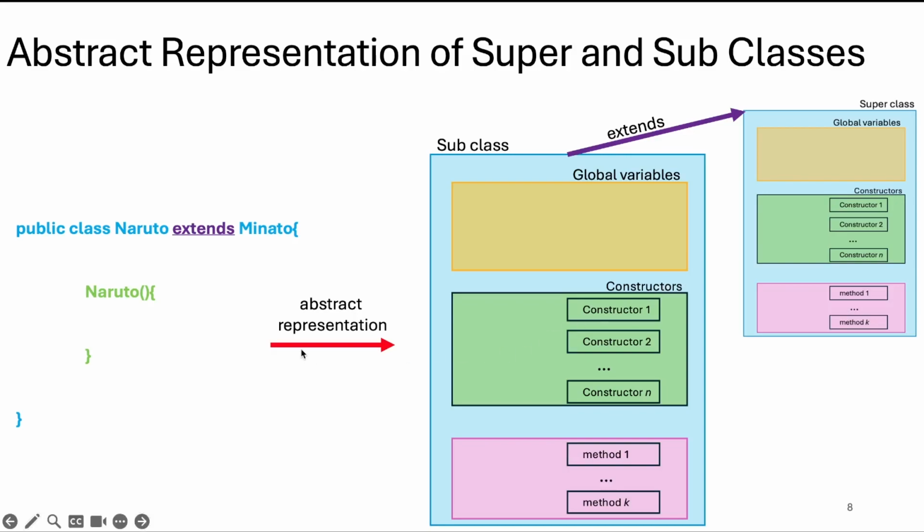Now let us see how this inheritance, especially the "is-a" relationship, works. So in the abstract representation, if we have a class Naruto that extends Minato class, what happens is we will have another class which becomes a subclass and there will be a pointer pointing to the superclass.